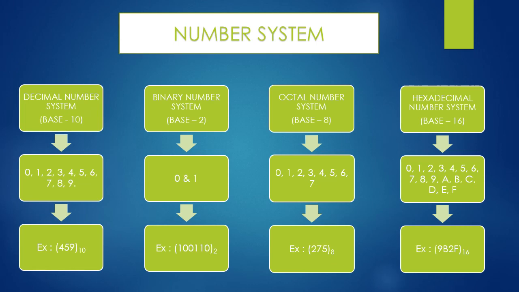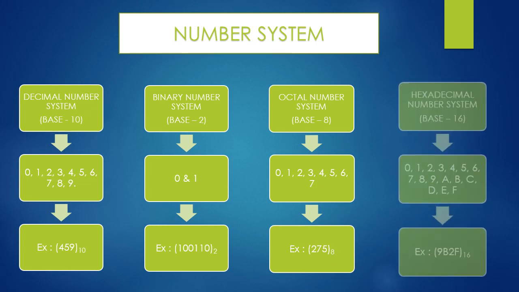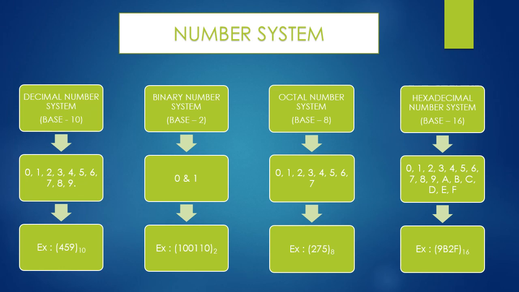Now the third one is octal number system. It contains 8 digits, that is numbers from 0 to 7. So altogether there are 8 digits. That is why the base of octal number system is 8. It is also represented in the same way with a subscript as 8. Now the last one is hexadecimal number system.